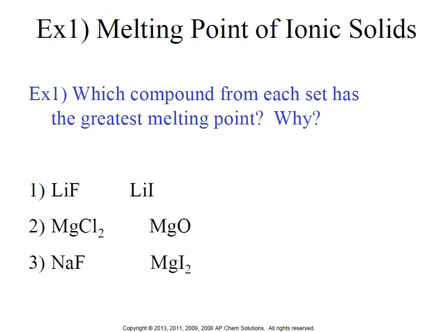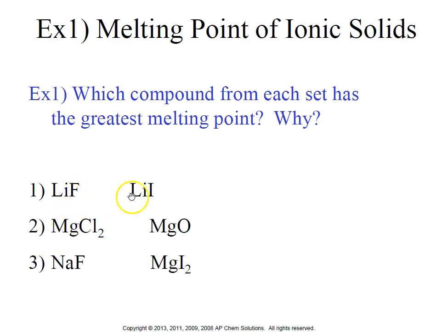For example, which compound from each of these sets would have the greatest melting point and why? Melting point for an ionic compound is dependent on the strength of that ionic bond, because you've got to break the ionic bond in order to melt these substances.